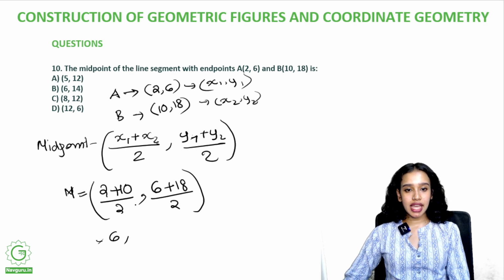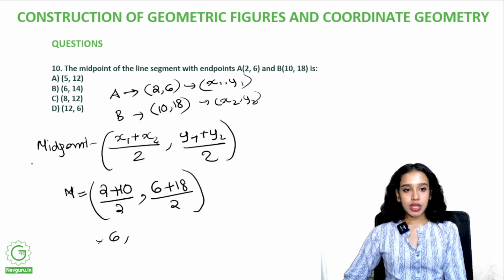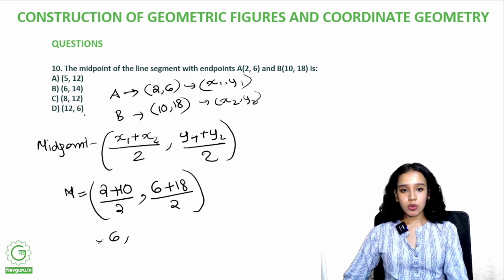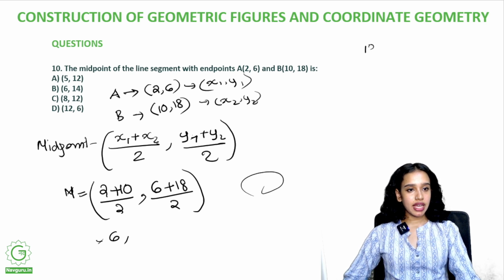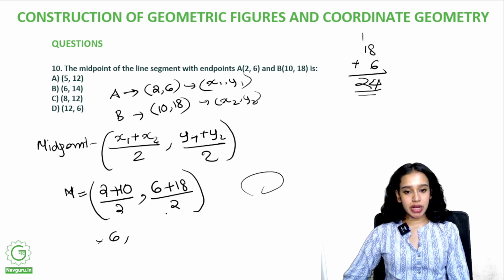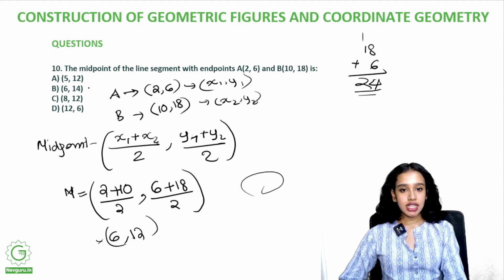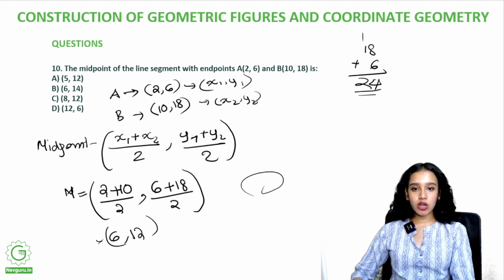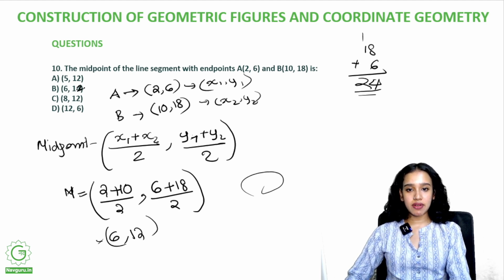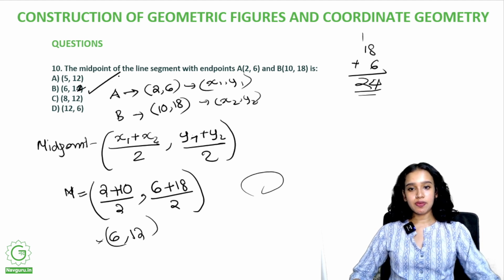And 6 plus 18 is 24. So this gives us 24 by 2, which is 12. So the coordinates are 6 and 12, right? X coordinate is 6 and y coordinate is 12. So the answer is 6 and 12, not 12 and 6, right?